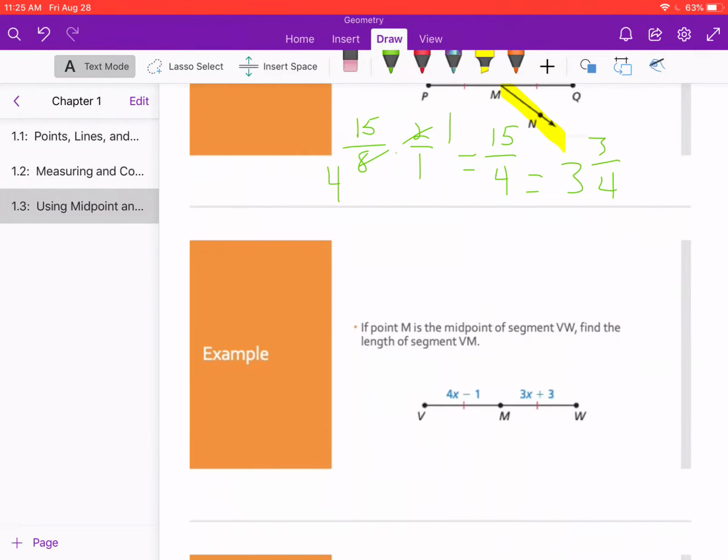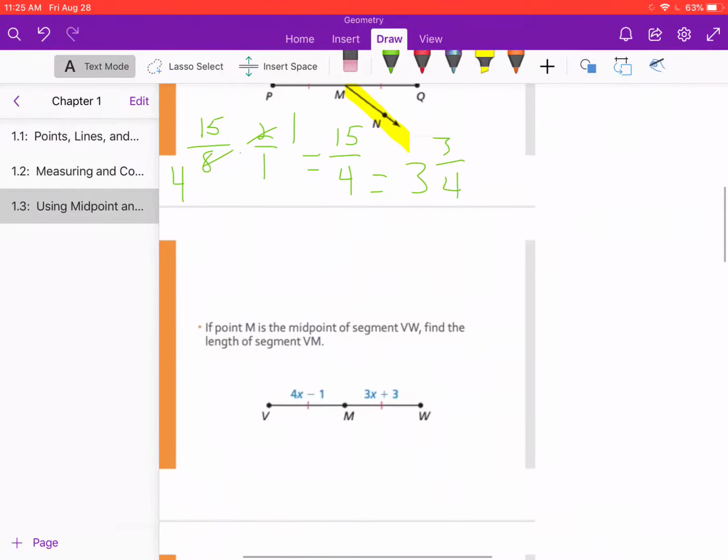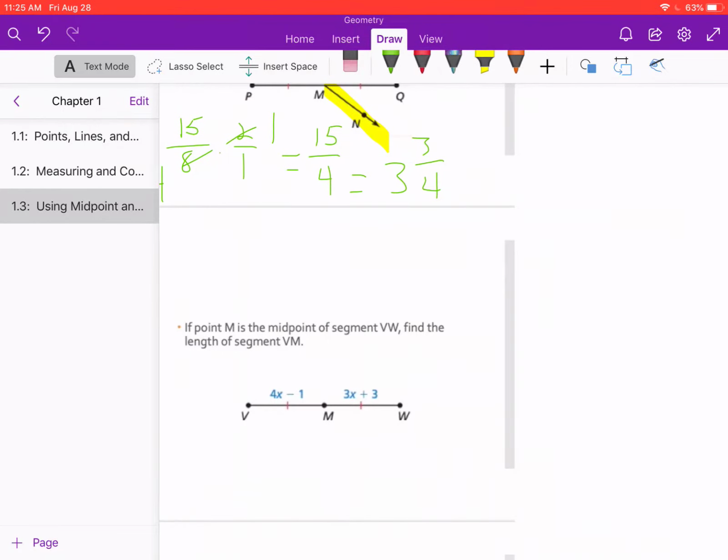All right, let's make it a little harder and use some algebra. So if M is the midpoint of VW, find the length of segment VM. In order to find the length of VM, we're going to need to know what x is. So we've got to set up an equation using what we know. Well, we know that M is the midpoint, which means VM and MW have to be equal.